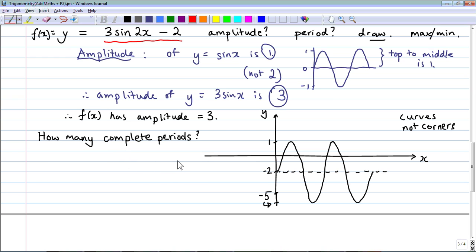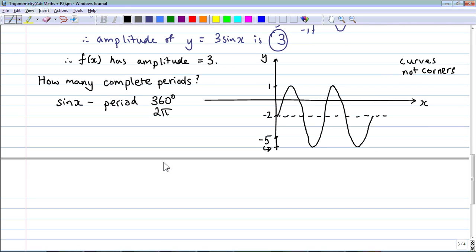In degrees, the period of sine x is 360 degrees, and in radians it's 2 pi. So sine 2x has period 360 degrees divided by 2 equals 180 degrees. And that will always be true.